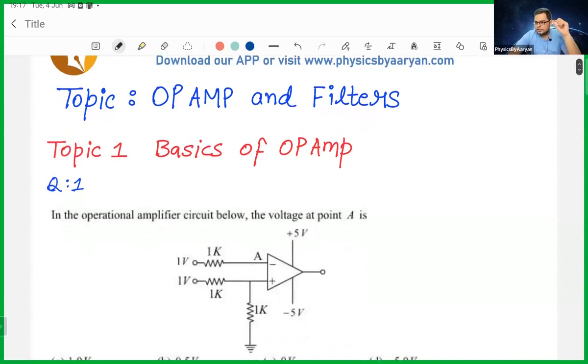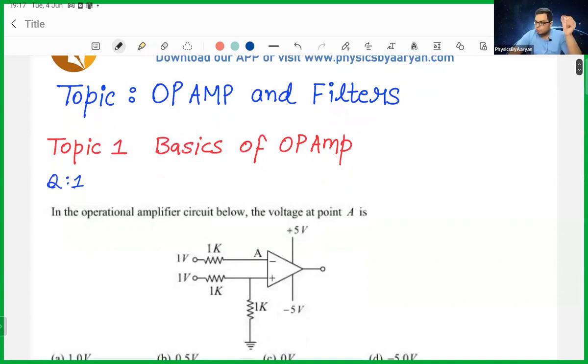And this lecture series on OPAMP will go for 2 or 3 days, because OPAMP is one of the most important topics of CSIR NET. Every year, somehow, in one way or other, they ask an OPAMP question. Sometimes they ask the filter, sometimes the multivibrators, sometimes the amplifiers, sometimes the RC phase shift filters added with the OPAMP.